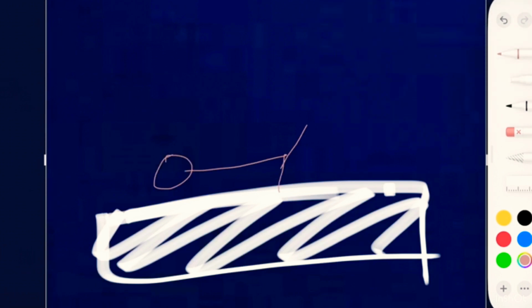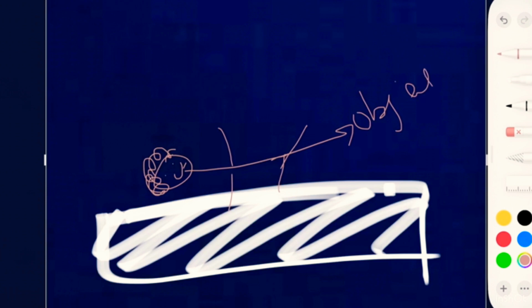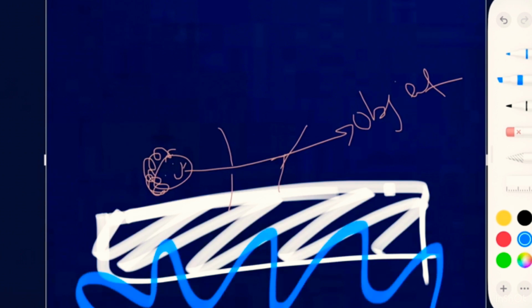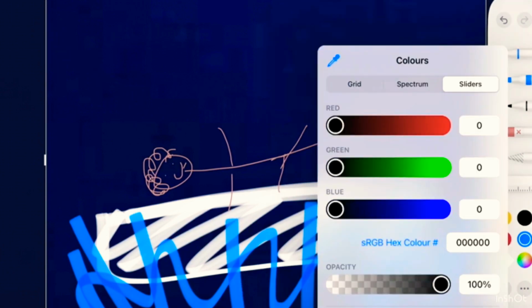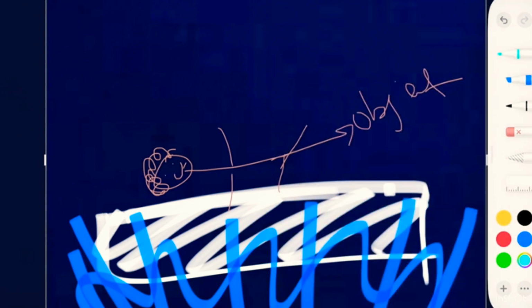You are an object that resists the change in its state of rest. Suddenly an earthquake comes. It's very unreal, and no teacher has given such an example, but I'm explaining it the way I understand it. This is a change in the state of rest or uniform rectilinear motion.